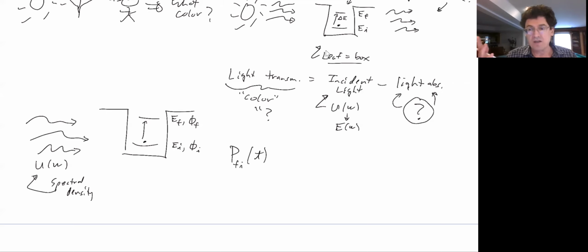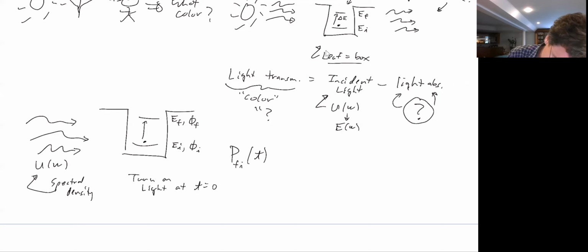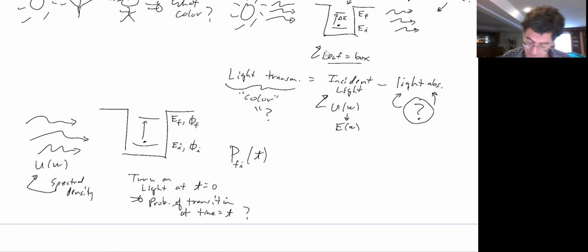So I turn on the light at t equals 0, then what is the probability of transition at time t? Okay, and so this is a setup for perturbation theory.